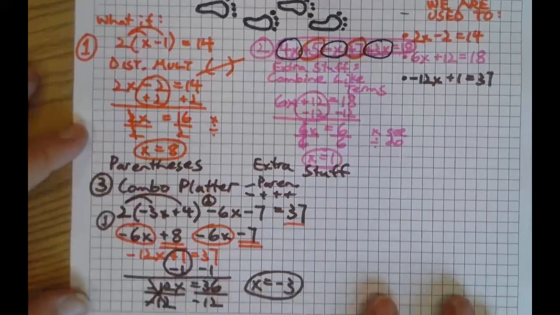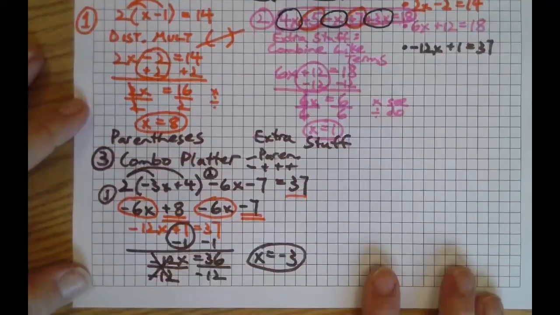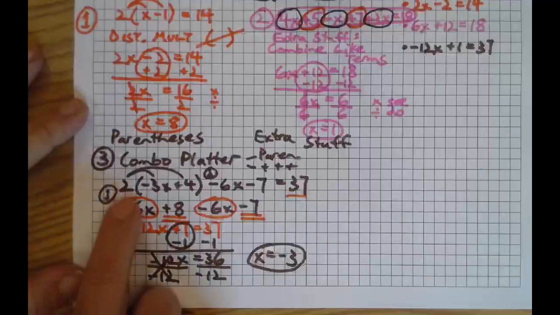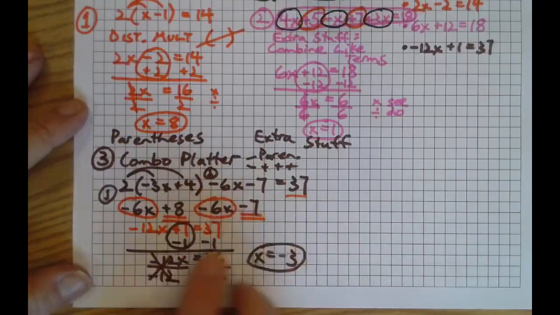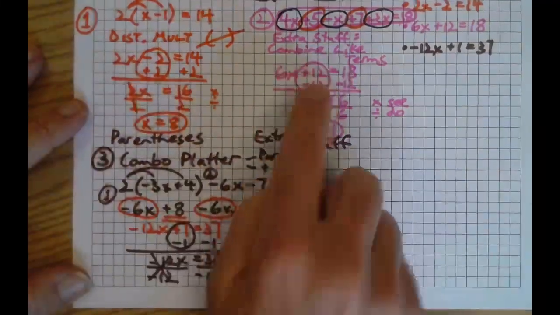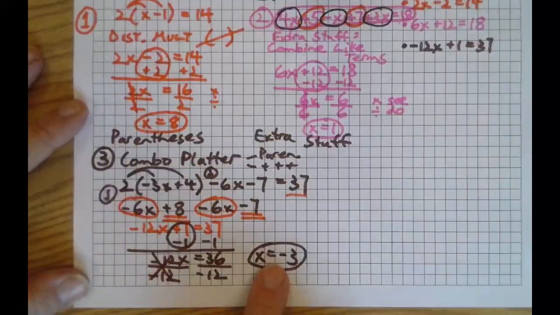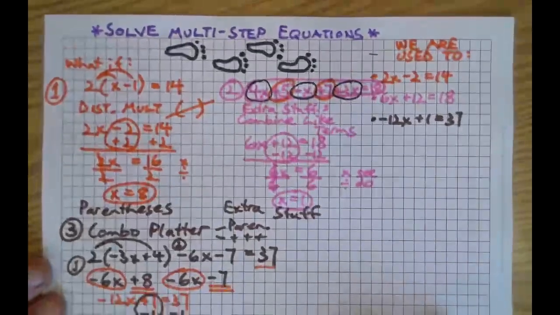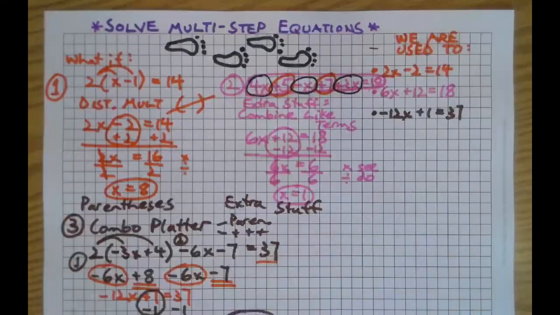And finally, the combo platter, if you can afford it, is both of those things. We had parentheses and extra stuff, and we used both of those strategies in the same problem to narrow it down to this. Beautiful.